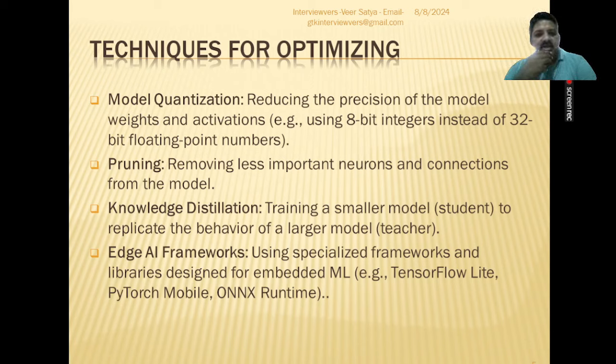And knowledge distillation, where you train a small model to replicate the behavior of a larger model. Thus you are doing an optimization here, and you are enhancing the quality of a smaller student model. And you'll use the edge AI frameworks.